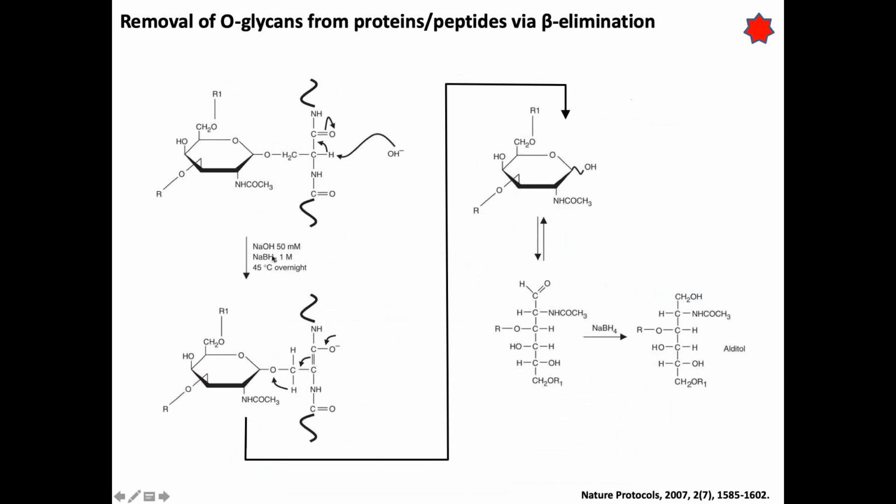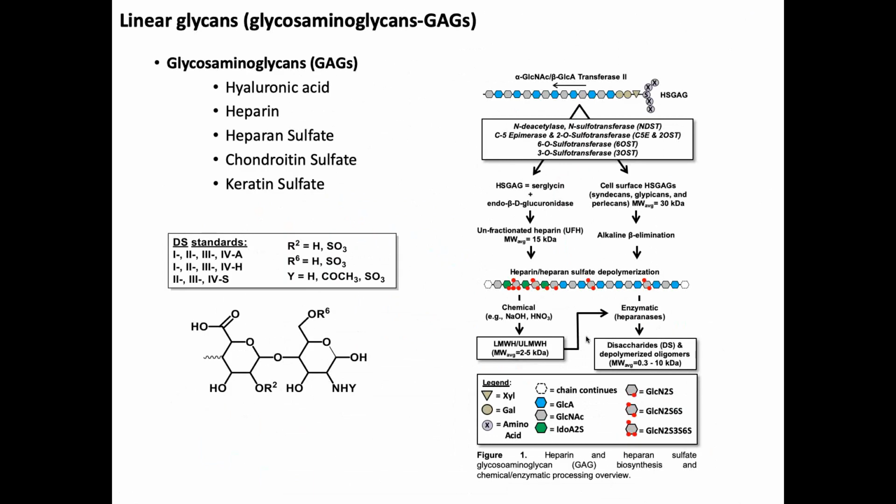With sodium borohydride, in these types of conditions, you can end up releasing things, and now you're left with a reducing end from your protein backbone, which can then go on to be reduced.